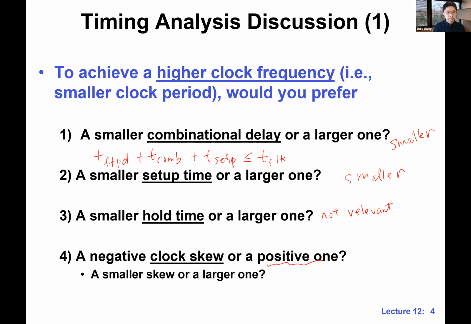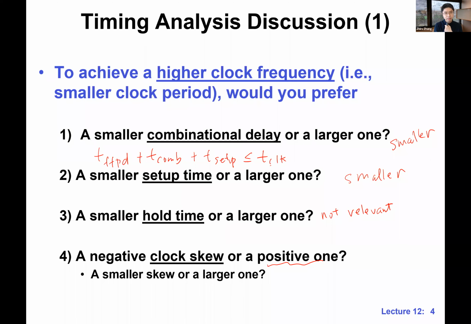One more follow-up. For a positive skew, do we want smaller skew or larger skew? There's some debate, right? Smaller or larger? Okay, maybe we don't have to settle this right now.